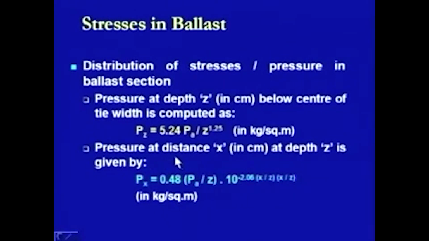Similarly, the pressure at a distance x can be computed at a depth Z by 0.48 Pa divided by Z, multiplied with 10 raised to the power minus 2.06 multiplied with x divided by Z, and x divided by Z, that is the square of this one. So, this is how we can compute the value of a stress at a distance x at a depth Z from the point of application of the load or the rail seat.